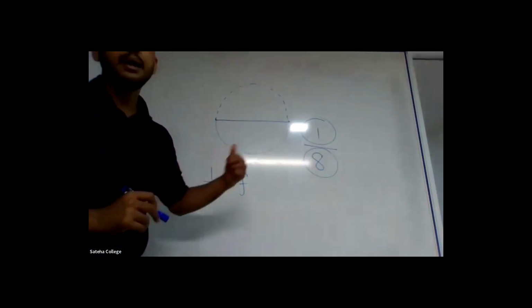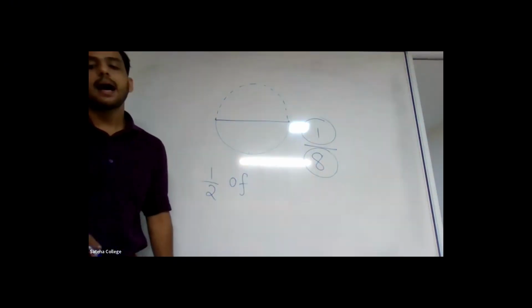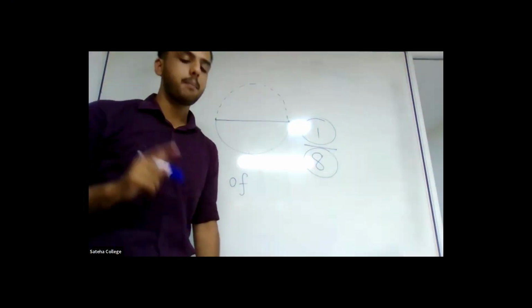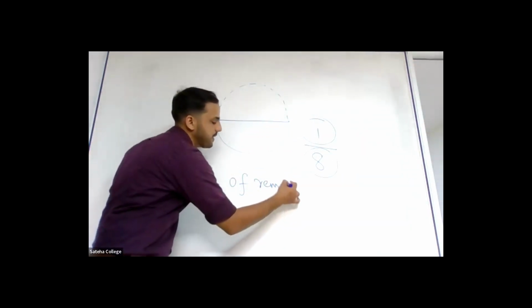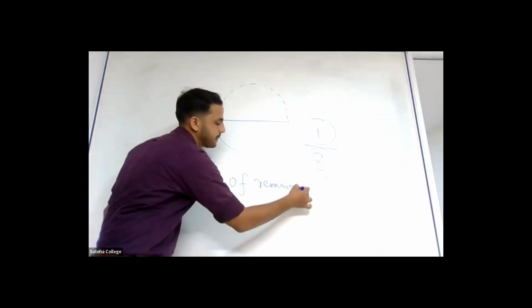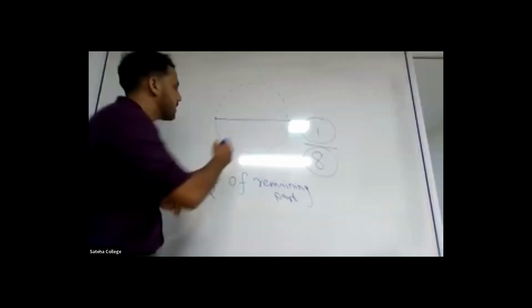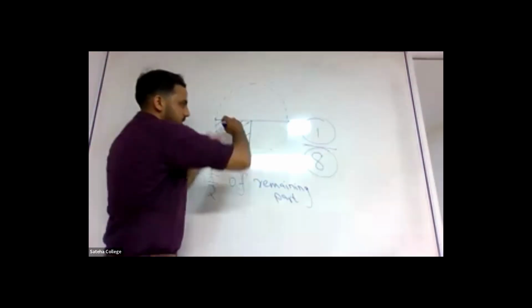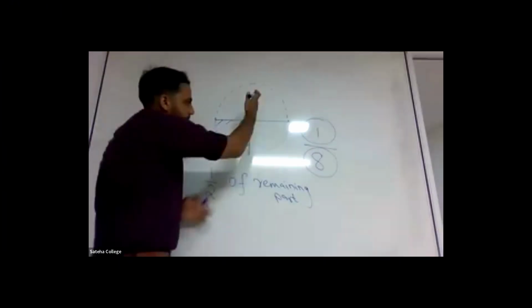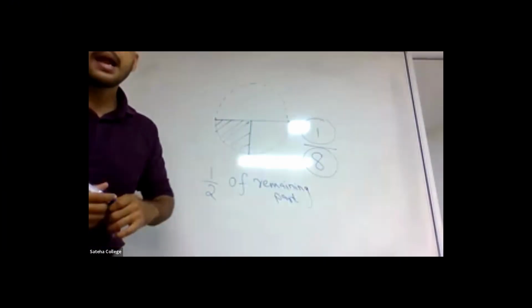When I say half of the remaining part, is it half of the whole unit? If I take half of this remaining part, which is half of the cake, I cut it equally into 2. Half of the remaining is this part.